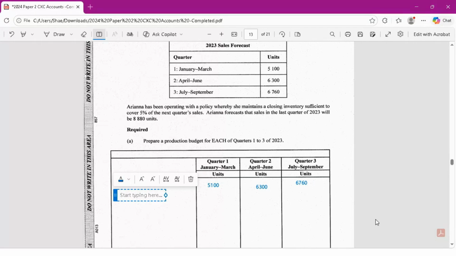So add closing inventory, and that is because we need to find out the total produced.